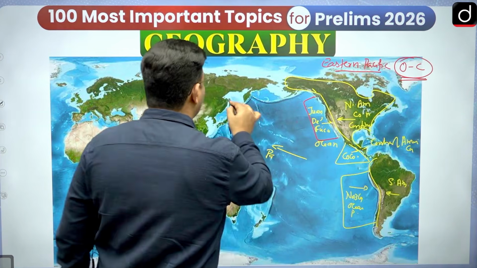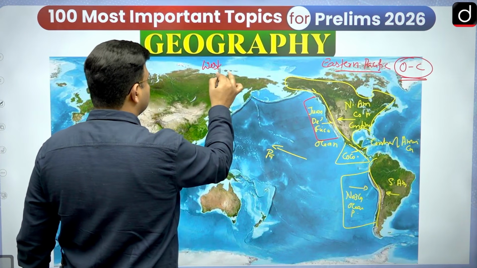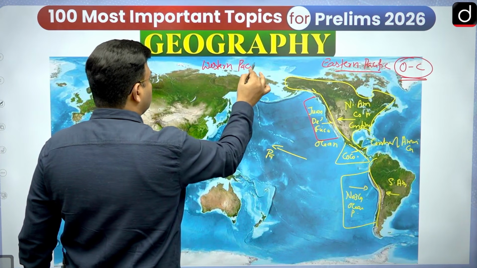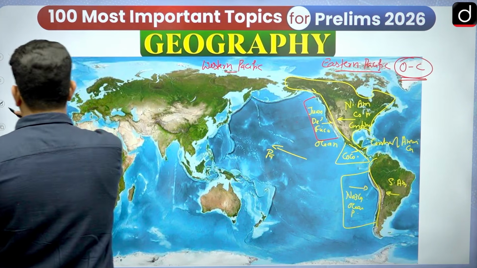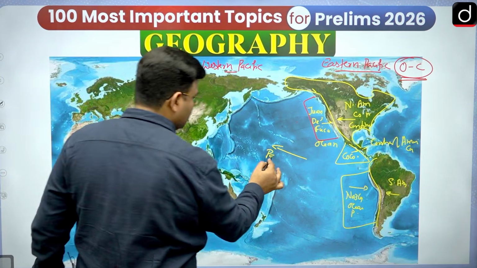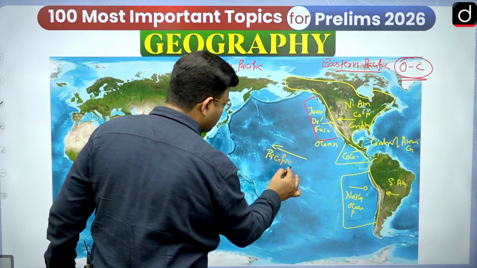Now we are going to see the Western Pacific, and in the Western Pacific there is the Pacific oceanic plate.